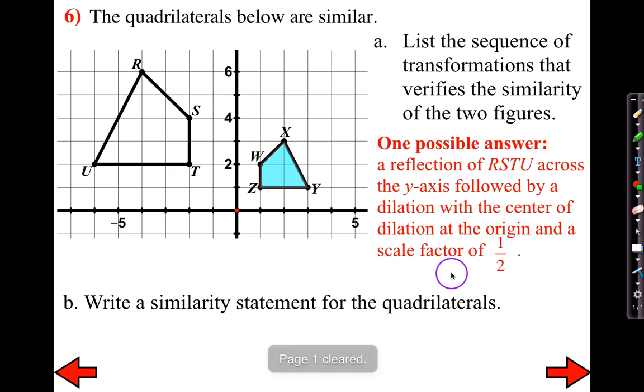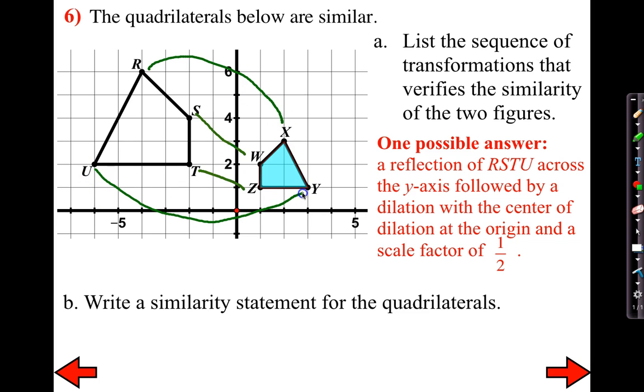So write a similarity statement. Again, it's important for you to go ahead and find which one corresponds to which. So I'm going to say T corresponds to Z, S corresponds to W, R corresponds to X, and U corresponds to Y. So here I can write quad, any order for the first one, doesn't matter, RSTU is similar to quad.